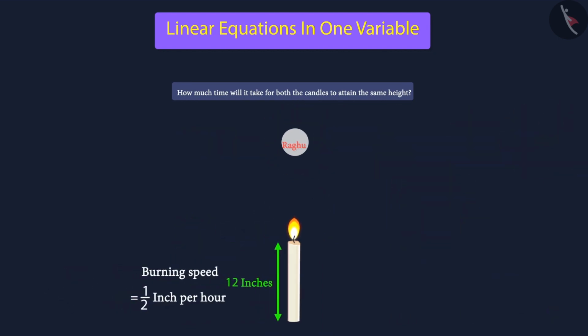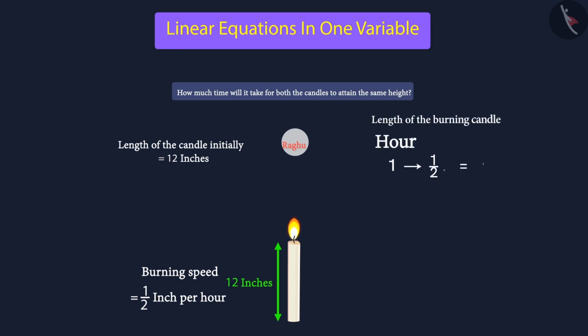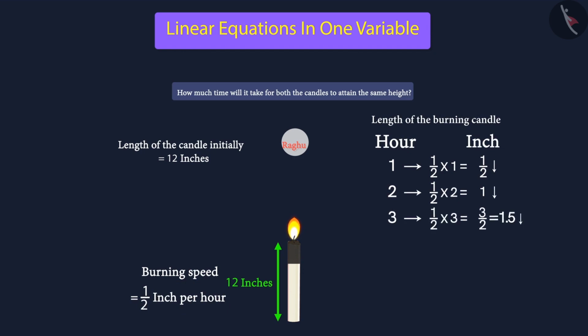We have been told that Raghu's candle is 12 inches long. The candle is burning at a speed of ½ inch per hour, which means that in 1 hour it will burn ½ inch. In 2 hours it will burn 1 inch, and in 3 hours it will burn 1½ inches. Therefore, we can say that in each hour the candle will burn 1/2 inch.